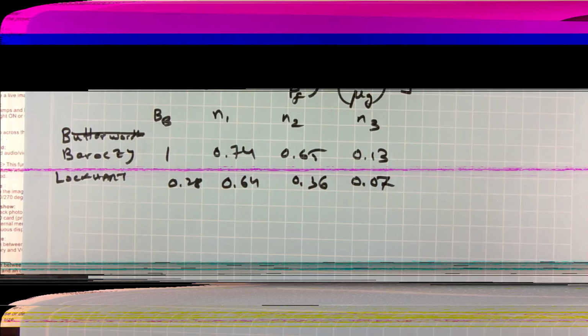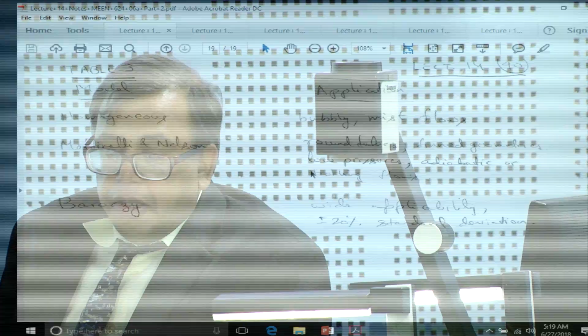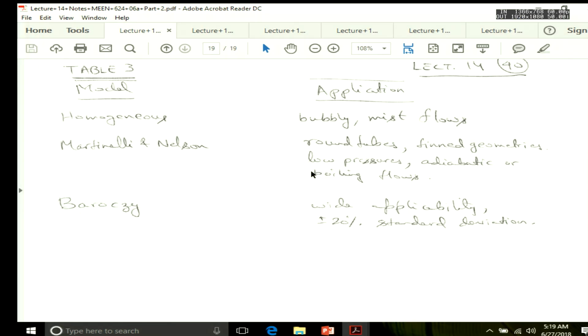Okay. So, now the question is, when do you use the homogeneous model and when do you use the separated flow model? In my handout in the lecture notes I have this table here, and this is actually a good guide. When you have bubbly or mist flows, at the very beginning or at the very end of the two phase flow process, it is a good idea to use homogeneous flow, because bubbles or mist droplets are so small they travel at the same velocity as the bulk.